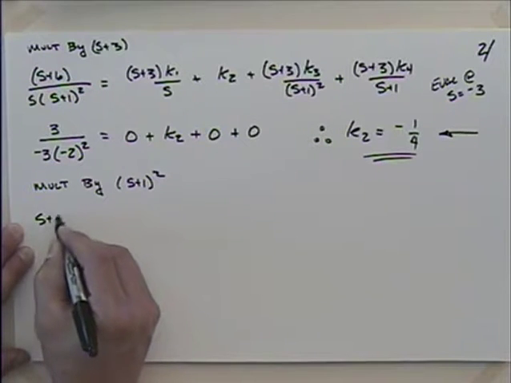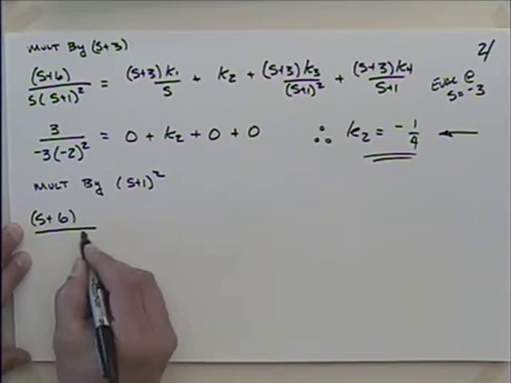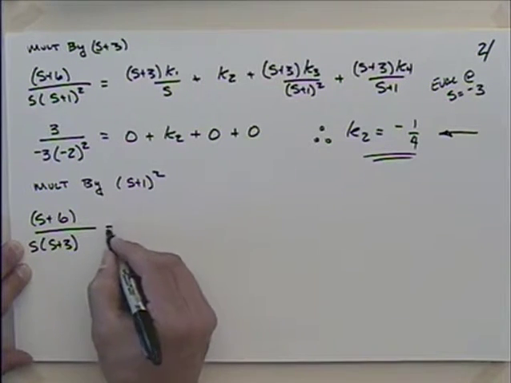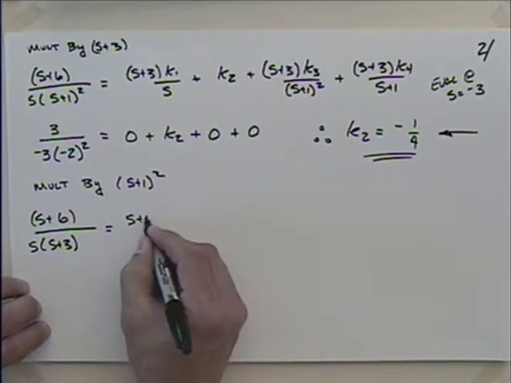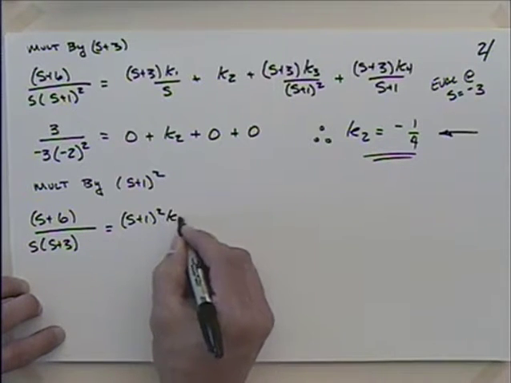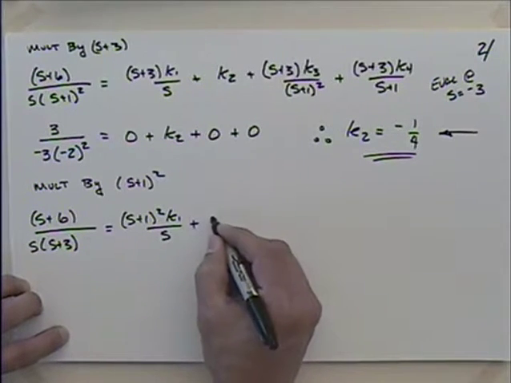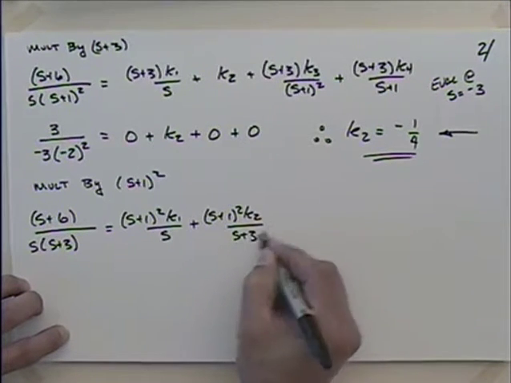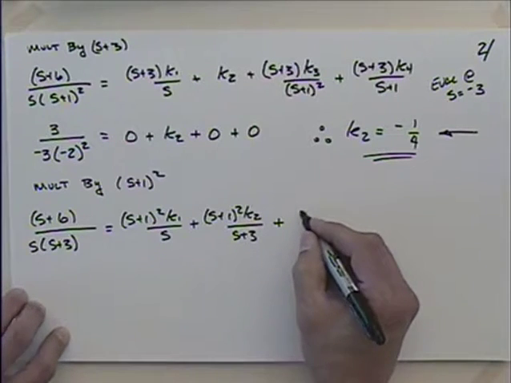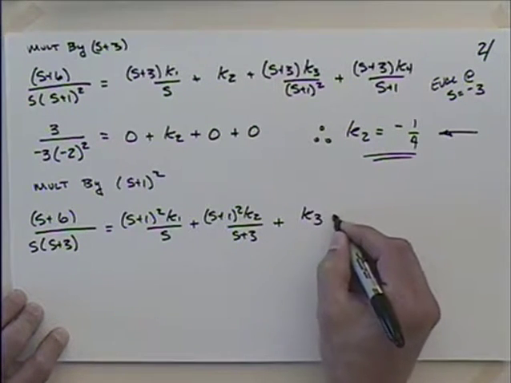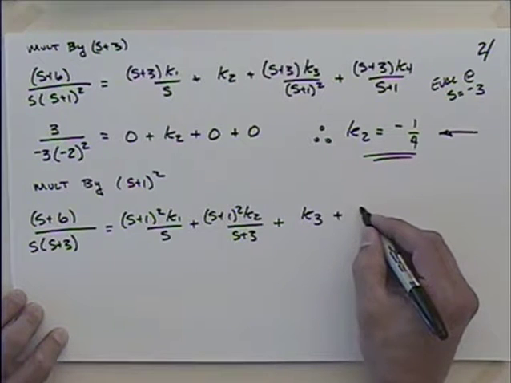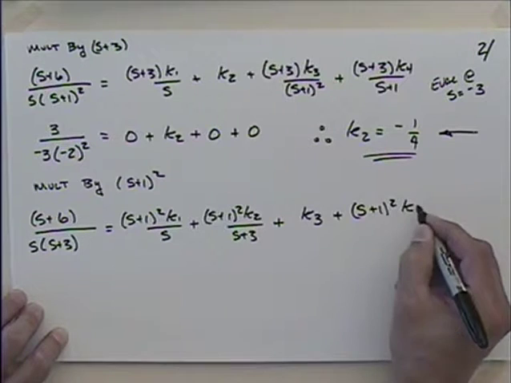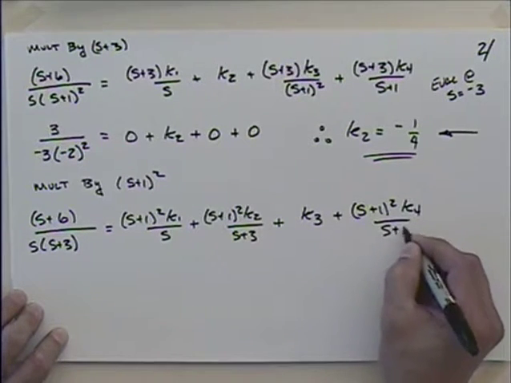So s plus 6 divided by s times s plus 3 is equal to s plus 1 squared times k1 over s plus 1 squared times k2 over s plus 3 plus k3 plus s plus 1 squared times k4 divided by s plus 1.